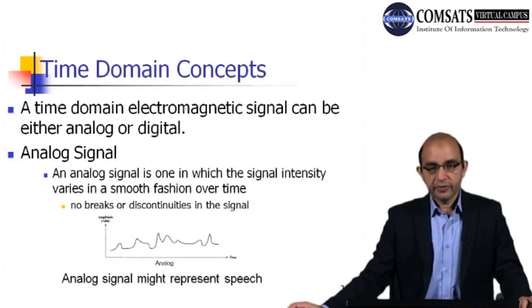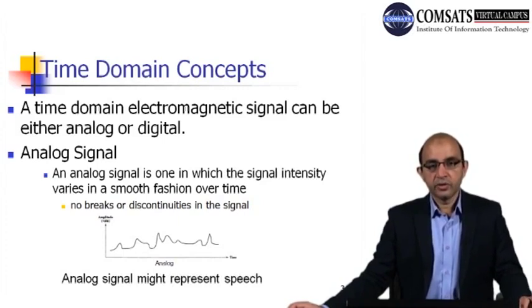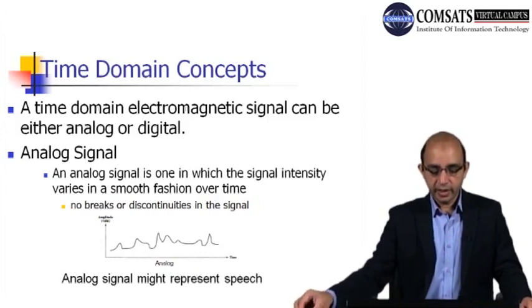If we define the analog signal, we can say it is the signal whose intensity varies in a smooth fashion over a period of time, or you can say that no breaks or discontinuities are found in the analog signal.